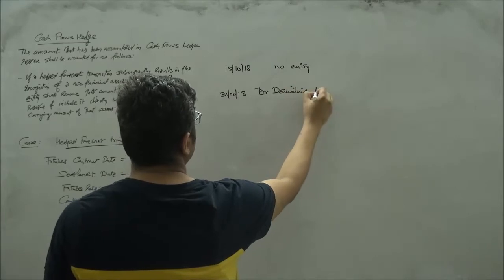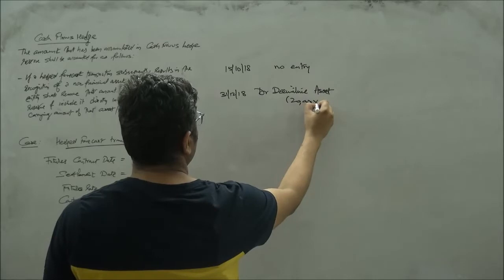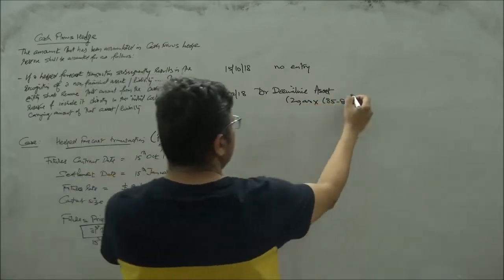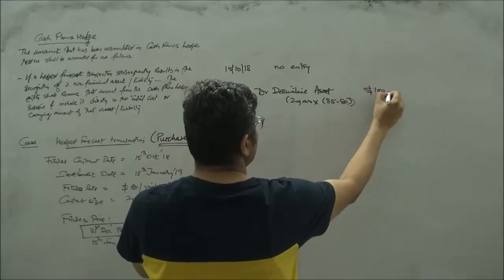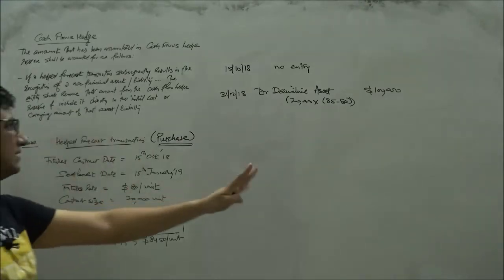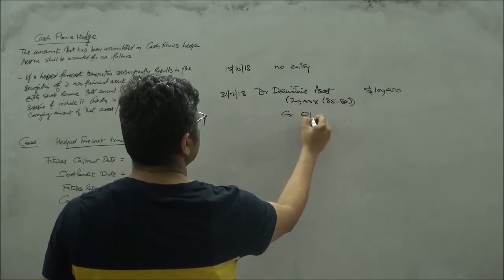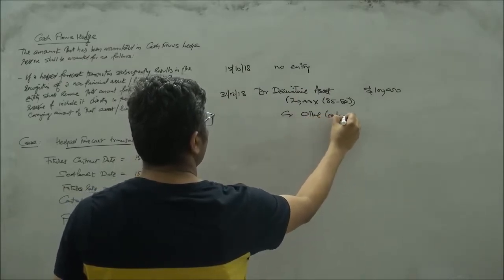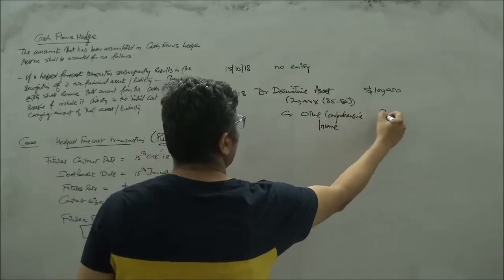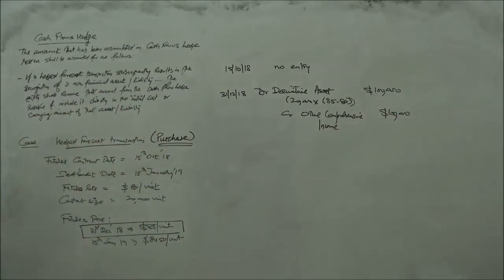I call it a derivative asset to the extent of 20,000 into 85 minus 80, which effectively is $100,000. Now settlement is yet far, so we simply take this in other comprehensive income here. Straightforward? Yep.